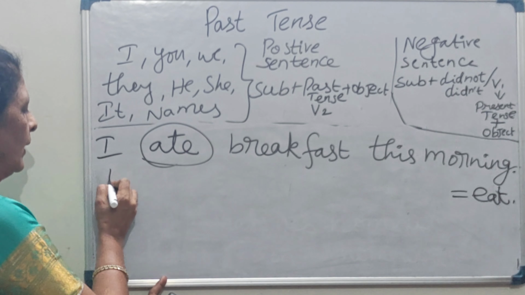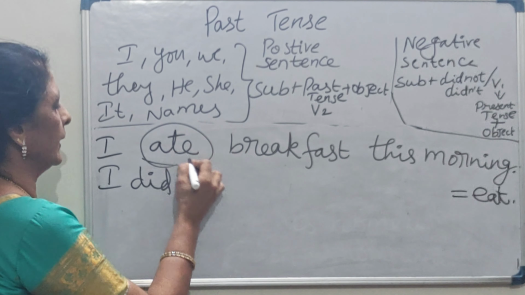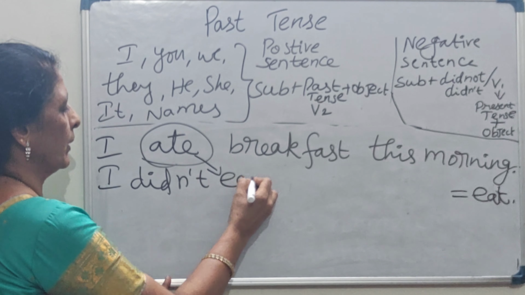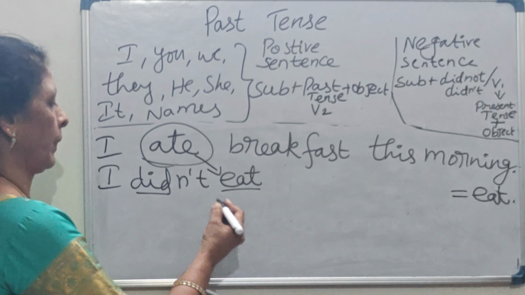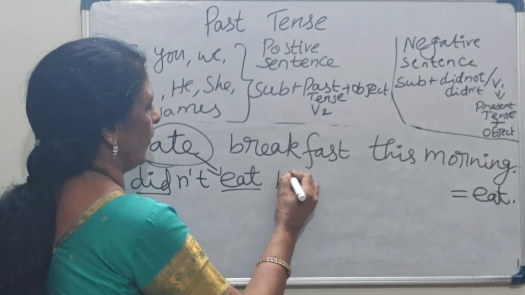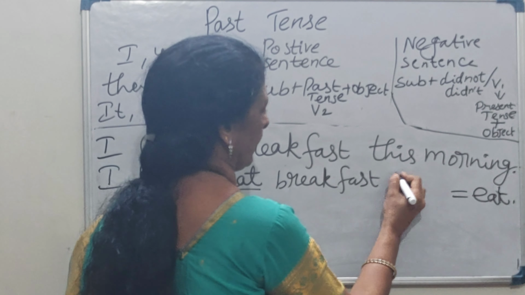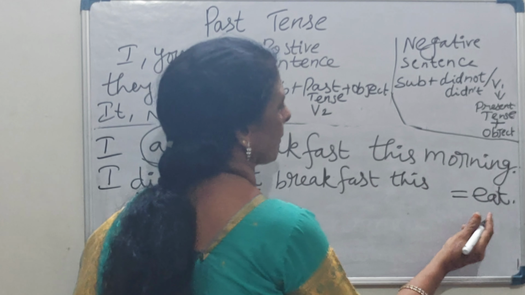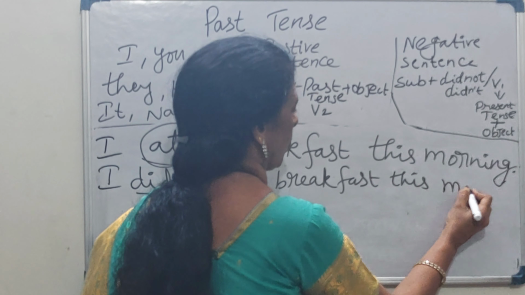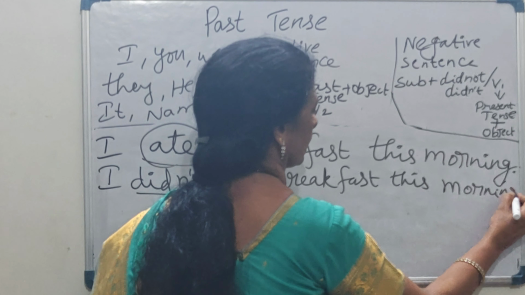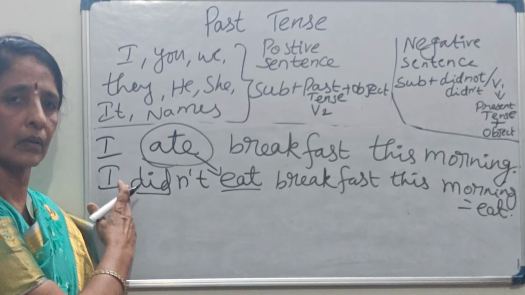How do you say it? In a negative sentence, I didn't eat breakfast this morning. Here it is eat.